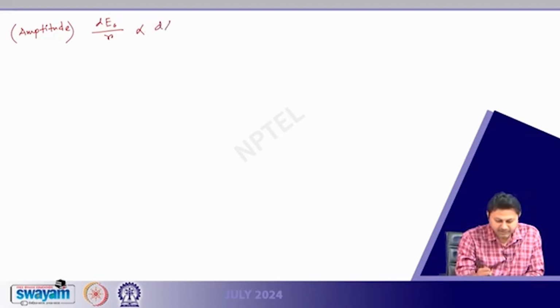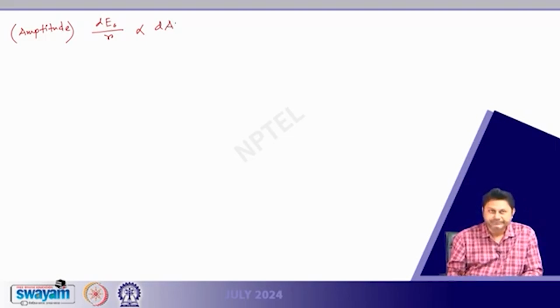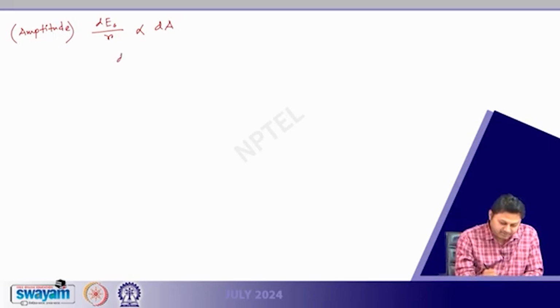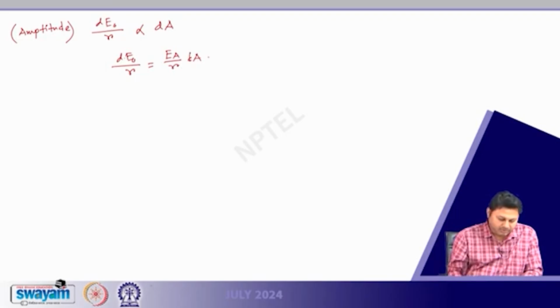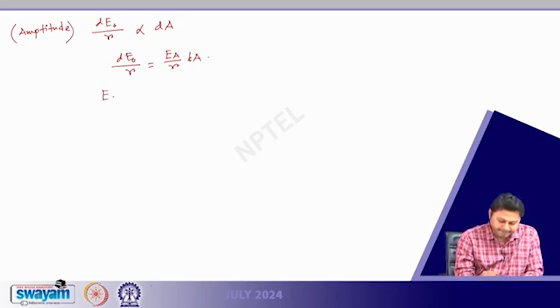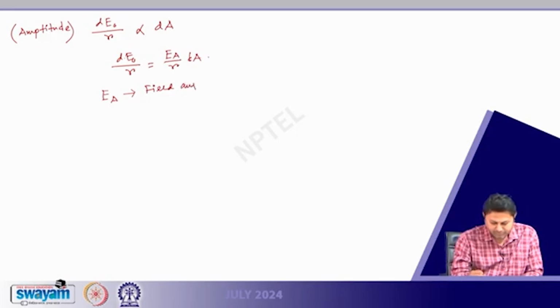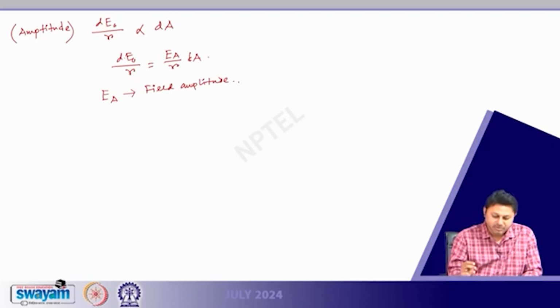That is, if dA is large, then the contribution of the electric field will be large at the point P. So, I can write dE0 by R is essentially E_A by R dA in this way, where E_A is the field amplitude per unit area.